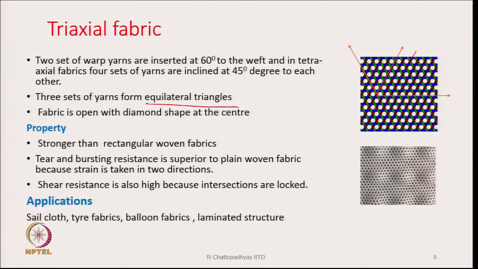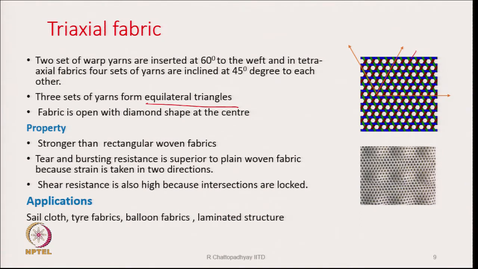If you look at the holes that we see here, you can see how many types of holes there are. Looks like 1, 2, 3, 4, 5. This looks like, let's say, hexagon type of holes which are created between the yarns.